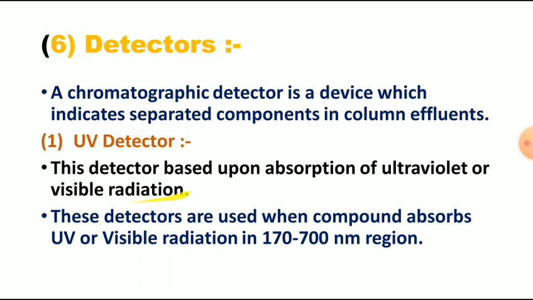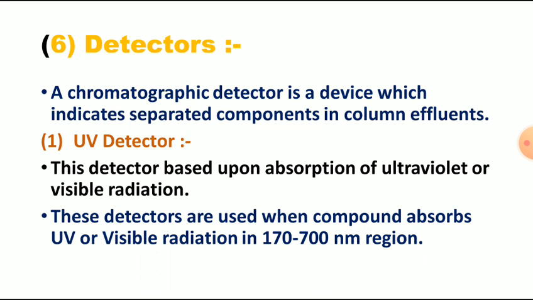These detectors are used when a compound absorbs UV or visible radiation in the 170 to 700 nanometer region. That means these detectors only work within the range of 170 to 700 nanometer.